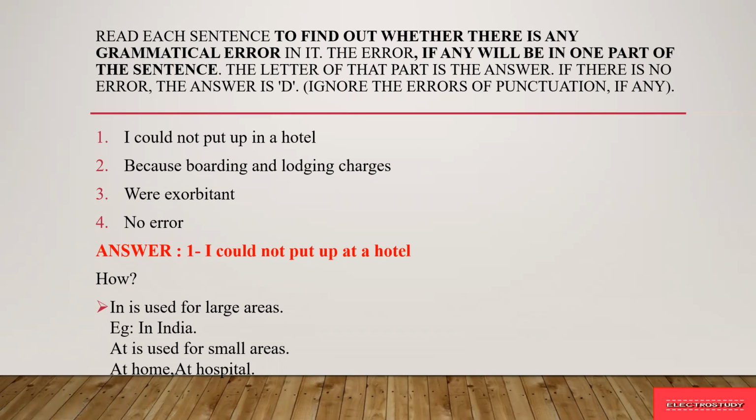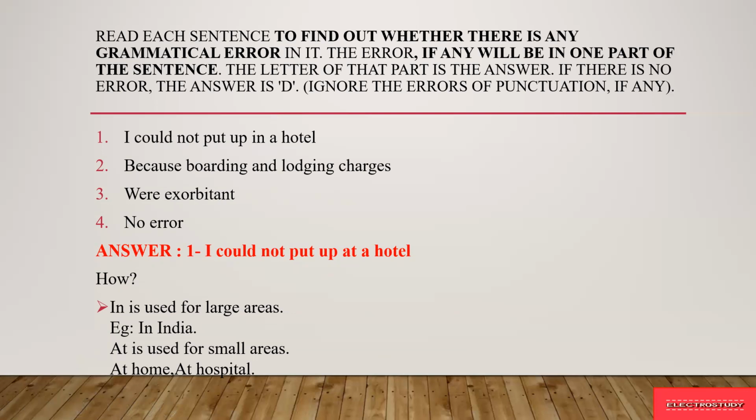Why at and in differ is, see, wherever you use in, that is for large areas. I am living in India, I am living in America, so you are representing a large area, so you will say in. If it is a small area, then you have to say only at. Hotel is not a big country, it is a small place.